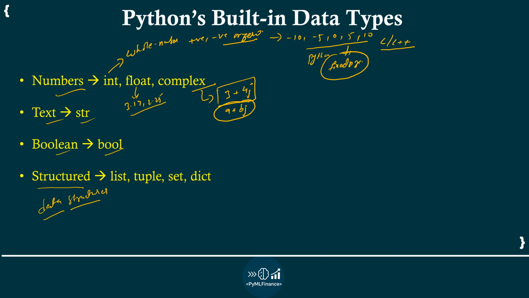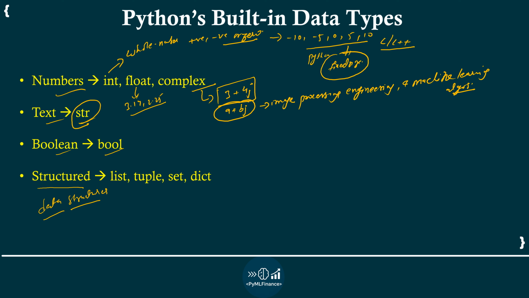These are known as complex numbers, and they are extremely useful in image processing, some engineering related work, and machine learning algorithms.